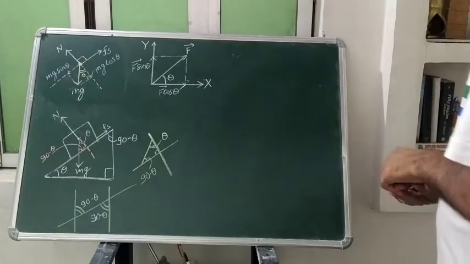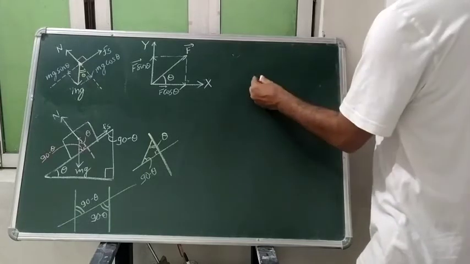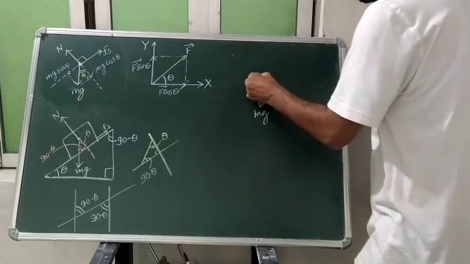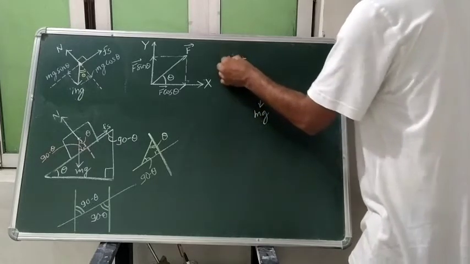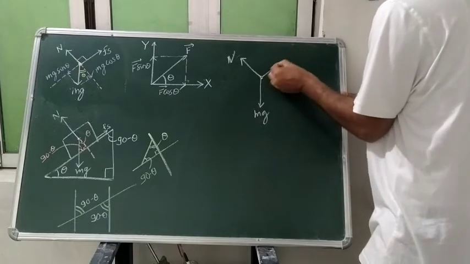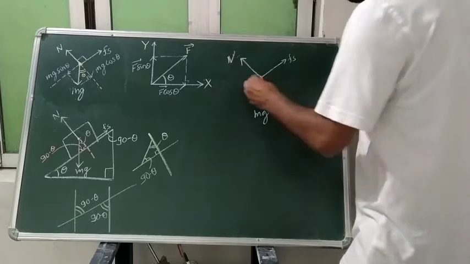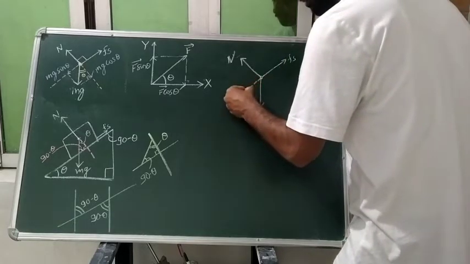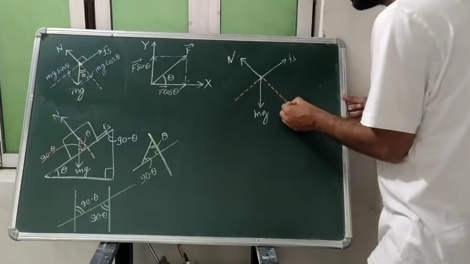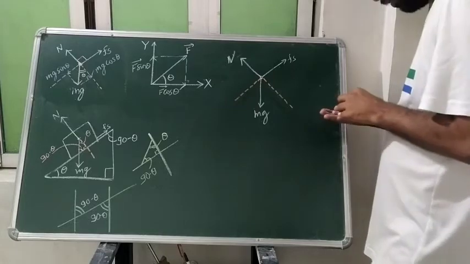Students, suppose this was the situation we were getting. Here was our mg, here was our normal N, and here was our f of s. For the time being, we want to resolve this along the contact surface and perpendicular to the contact surface. That will be our task to perform.